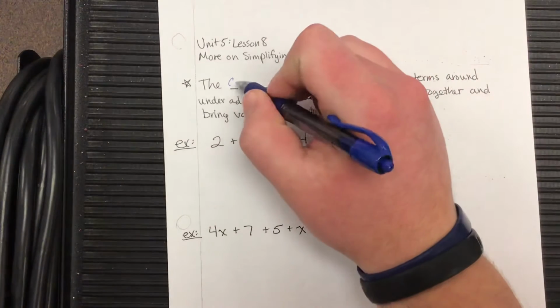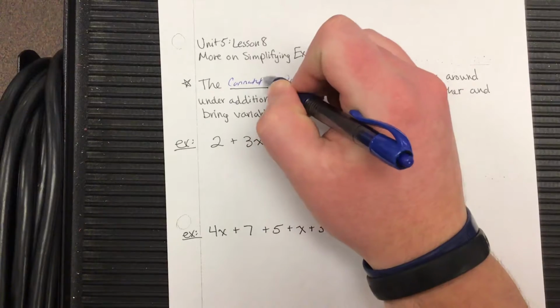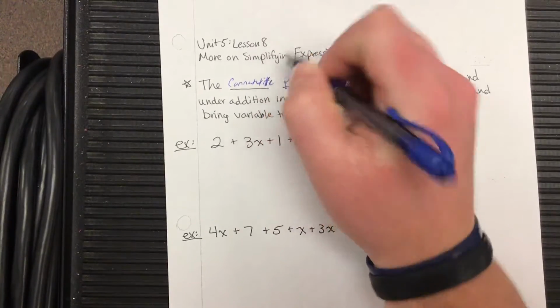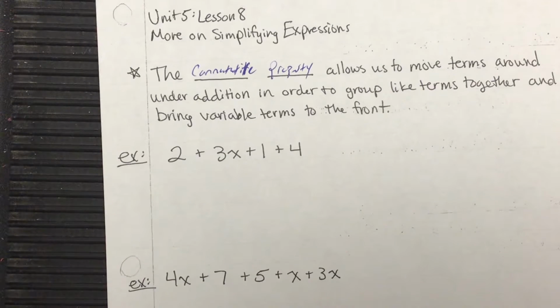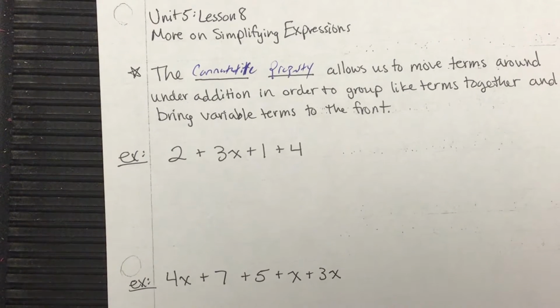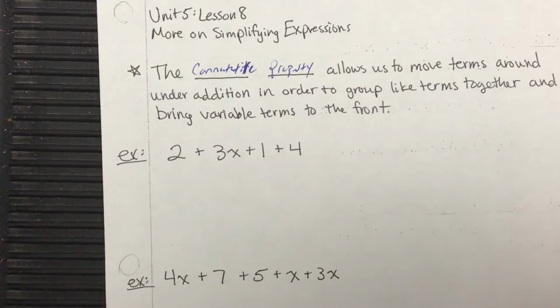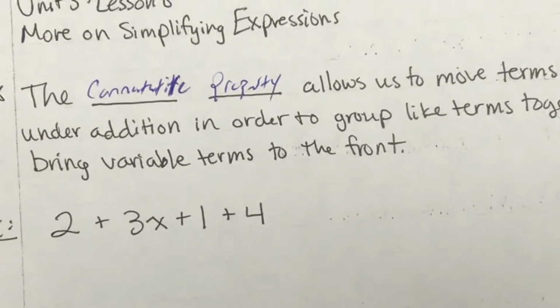It's the commutative property. Commutative property says you can add in whatever order and you'll get the same answer. Can you zoom in? Yep.